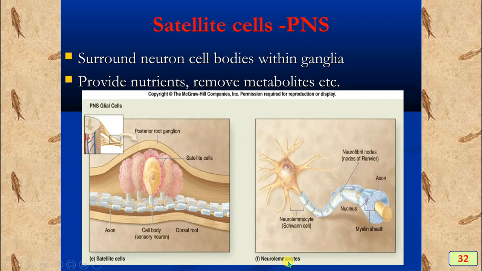Neurolemmocytes are also called Schwann cells, and the neurofibril nodes are called the nodes of Ranvier in between the structure. They are naked structures in which the axon is exposed. So the satellite cells contain the cell body, axon, and dorsal root. The axon is protected in the posterior root ganglia, the dorsal and ventral root ganglia.